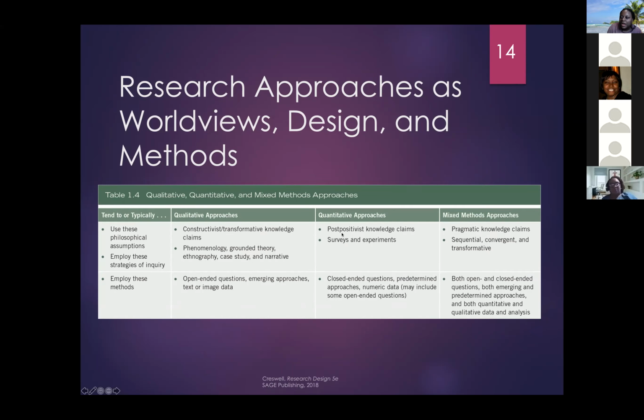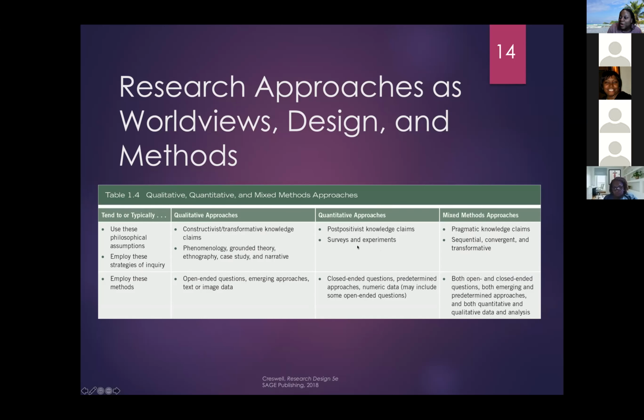Quantitative, again, as a researcher, if your approach is there's one reality and there's set ways to measure that reality, then you would likely take a quantitative approach to things. And it could be a survey design and experimental design. I will say an experimental design is a little tricky to do when you're dealing with humans.